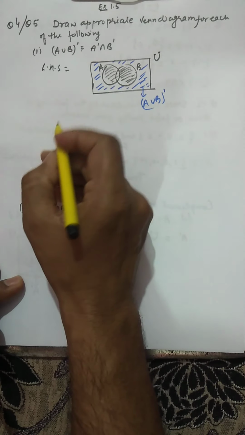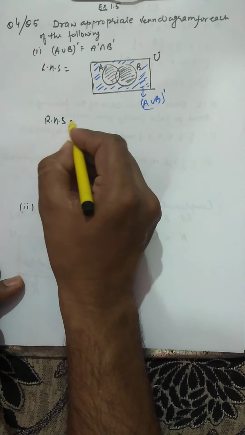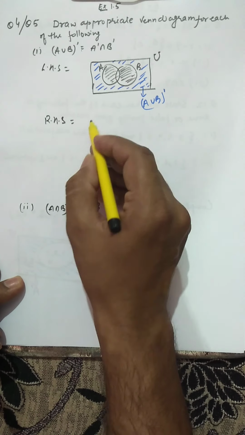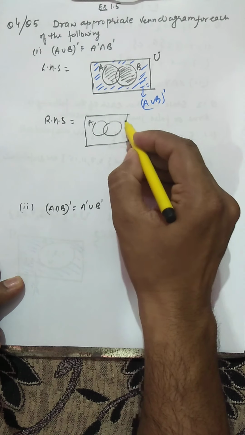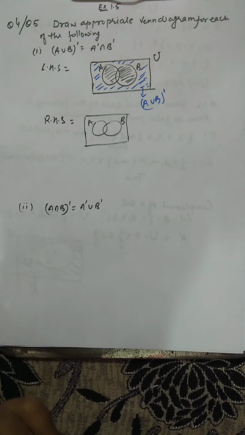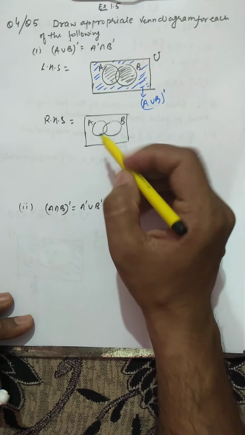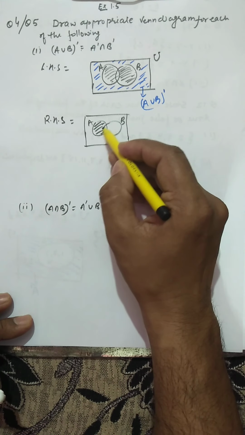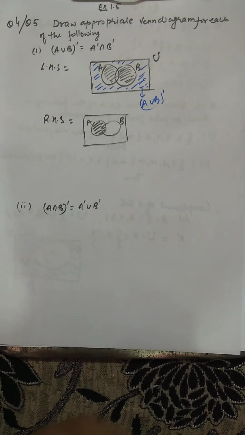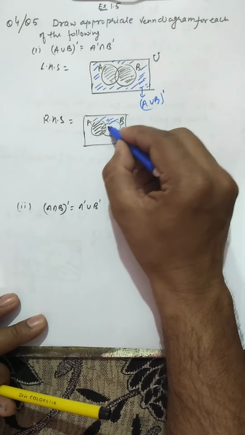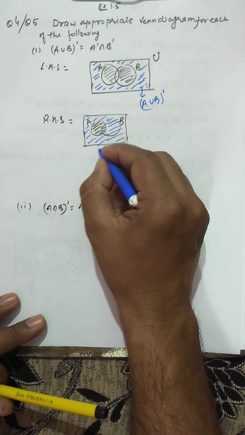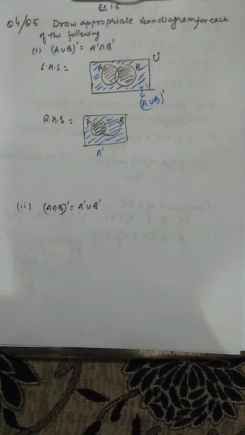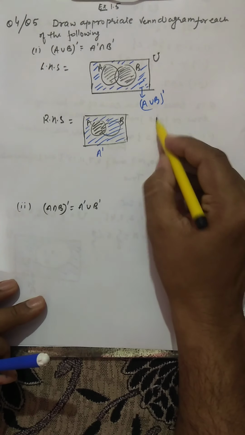Now come to the right hand side. For the right hand side, first you take one Venn diagram in which we'll mention A and B, and we will take A complement first. So to take A complement, this is A. A complement means all area except A. And for B complement I will again draw one Venn diagram.